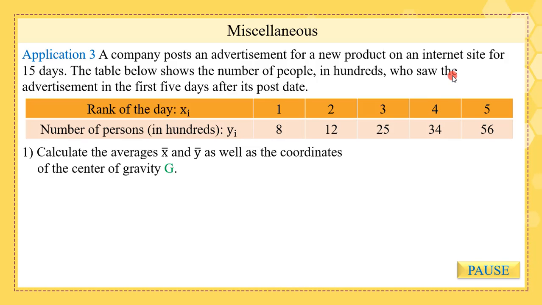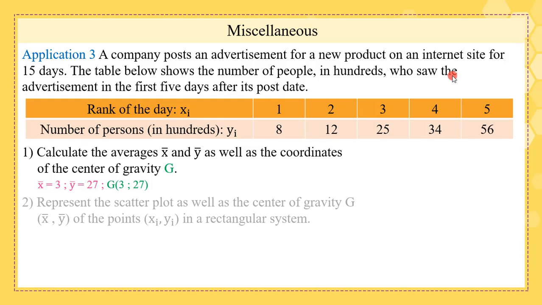We use the calculator and follow all the steps to find the averages x bar, y bar, and to determine the center of gravity. So x bar equals 3, y bar equals 27. We have to represent the scatter plot as well as the center of gravity G of the points xi, yi in a rectangular system.